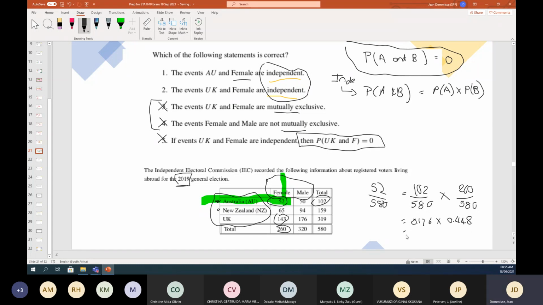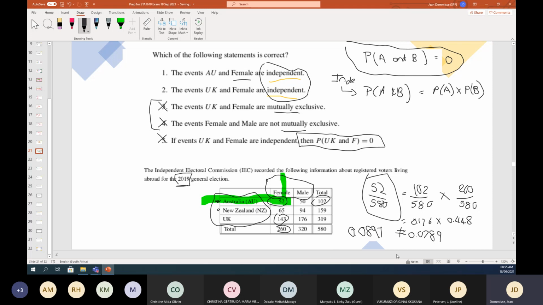Okay, so they say that is about 0.0789. Let's do that. 52 divided by 580. 7. Okay, so those two are not equal.